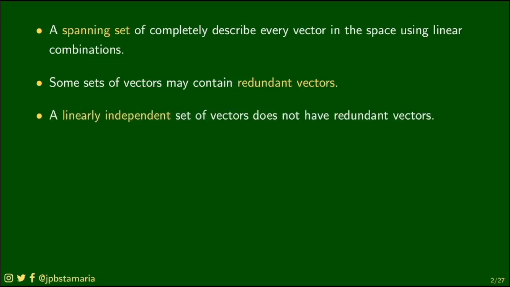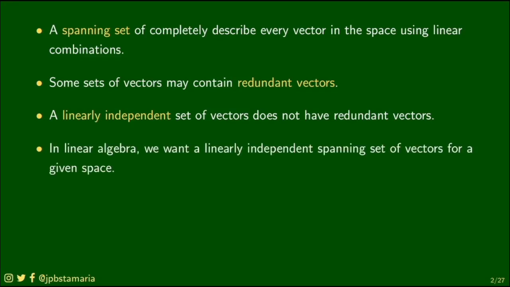It turns out that a linearly independent set of vectors does not have redundant vectors. Moreover, whenever your set is linearly dependent, the opposite of being independent, a redundant vector is present in the set.